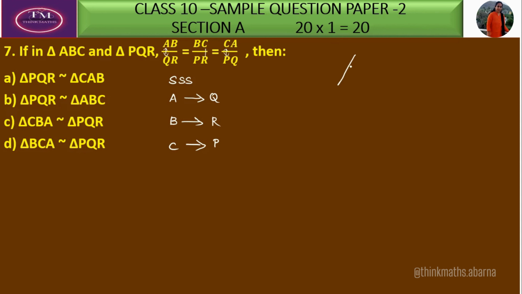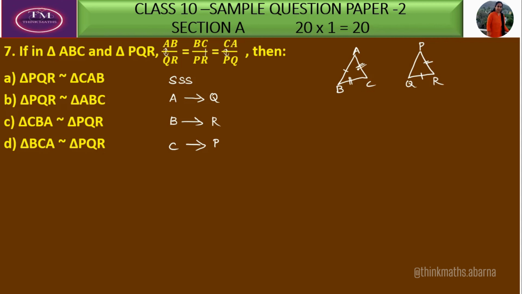So if you take the triangle ABC and another triangle PQR, AB is proportional to QR. Next BC is proportional to PR.